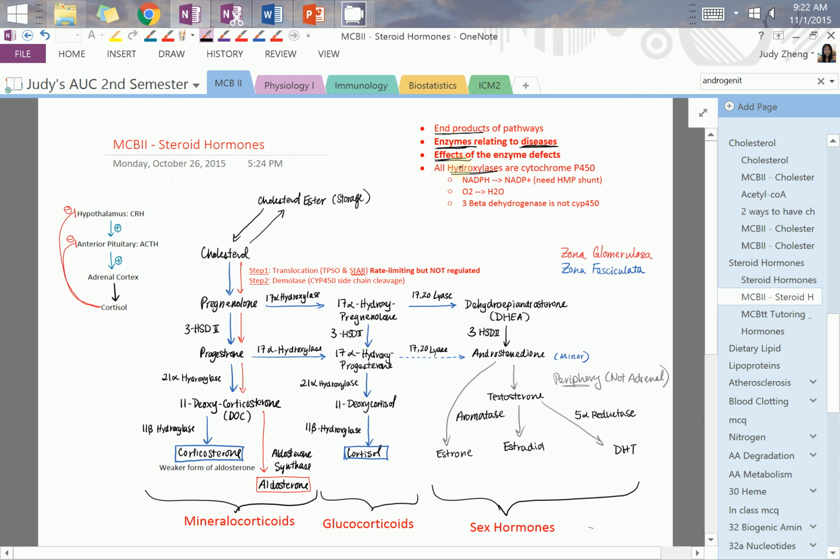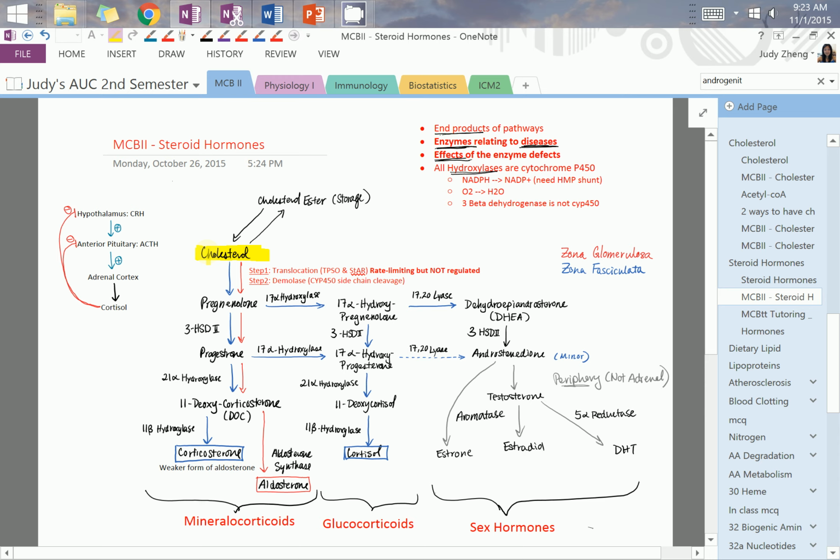Okay, so the whole pathway is about generating steroid hormones. The previous lecture was about how we made the cholesterol. And cholesterol is used for pretty much making all of the steroid hormones.